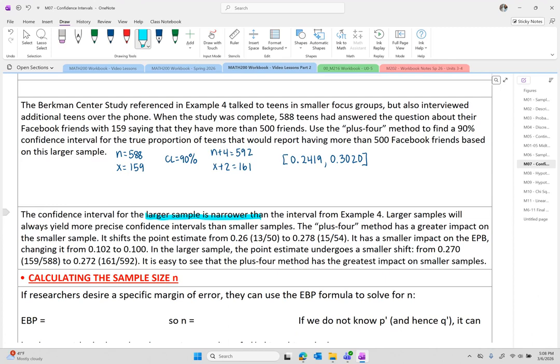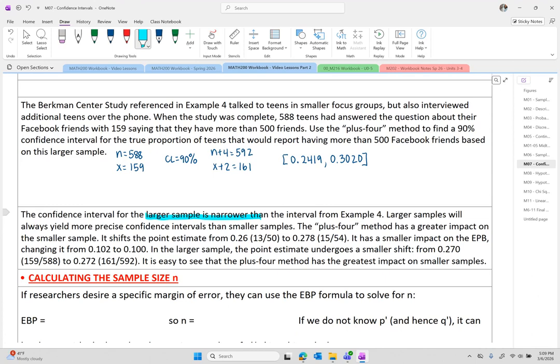The +4 method has a greater impact on the smaller sample. It shifts the point estimate from 0.26, which would have been the 13 out of 50, to 0.278, which is the 15 over 54.